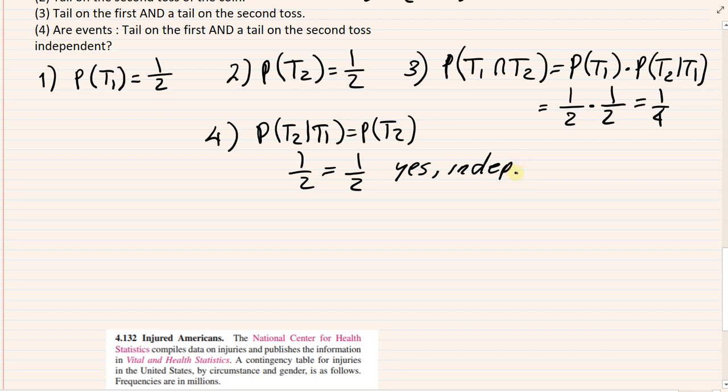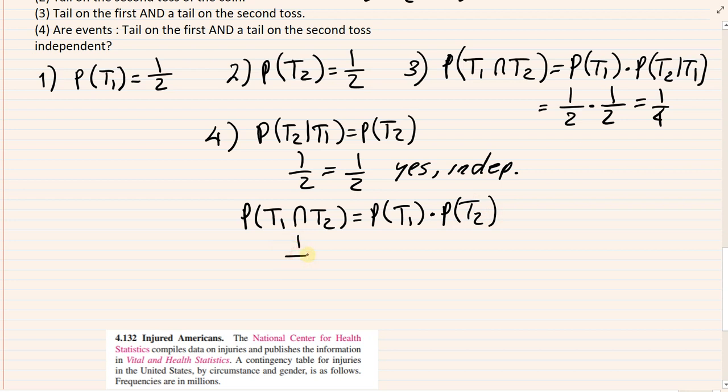That's one way to verify it, or we can actually do it this way. We're going to say probability of tail on the first and tail on the second is going to be probability of tail on the first times probability of a tail on the second. Tail on first, tail on second, we found in number 3 to be 1/4.